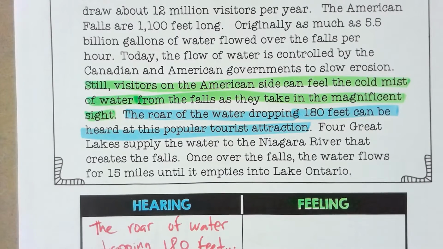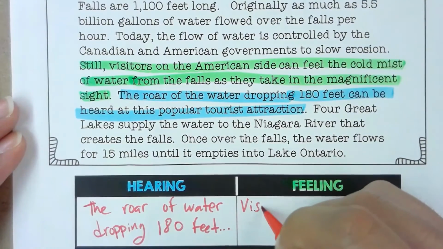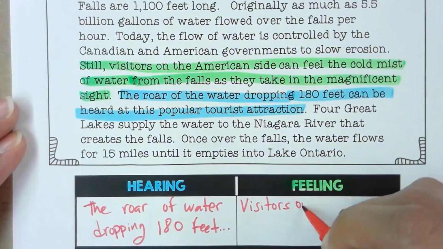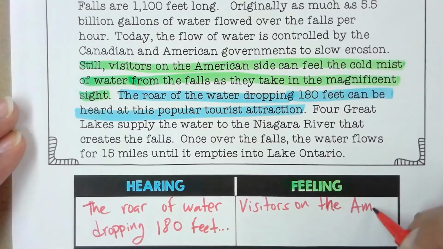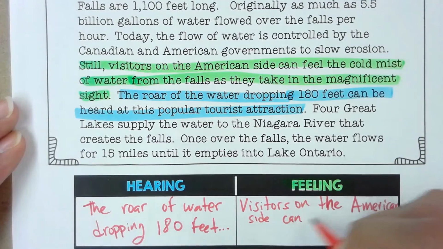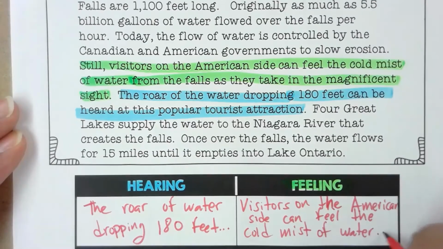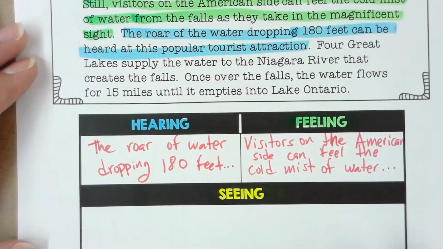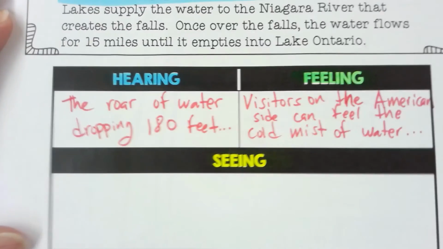So please make sure that after you highlight that in green, you write visitors on the American side can feel the cold mist of water. And that's all we'll write.